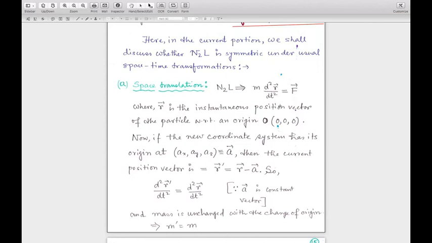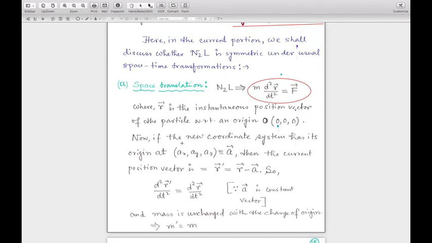Let us first understand that r is the instantaneous position vector of any particle under consideration, with respect to a pre-assigned origin having coordinates 0, 0, 0. Then we can simply write Newton's second law like this: m d2r/dt2 = F. This is a vector equation, so it has three components.